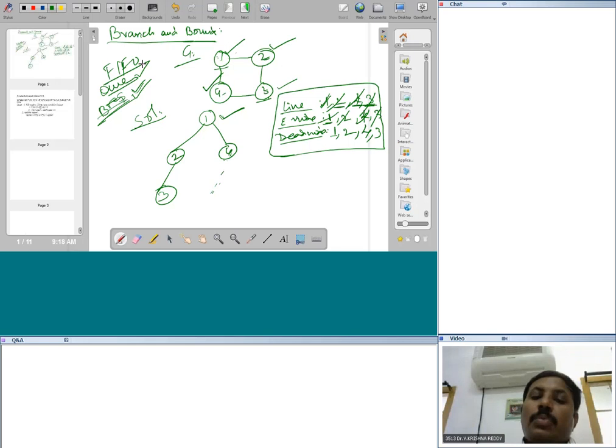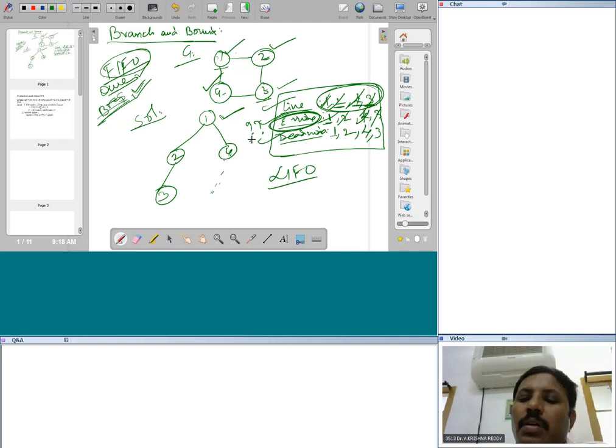In branch and bound also, first in, first out is a technique we will use. Last in, first out means that out of the live nodes, the last generated one we have to expand first. That is called last in, first out. Each and every time, which E node we generate next is based on these techniques.